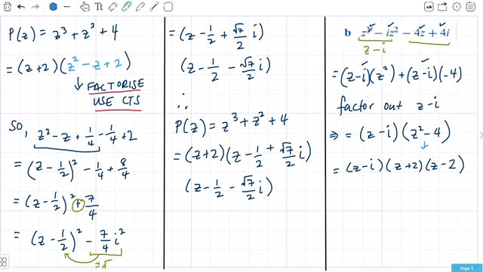Have a look back at the question. There are complex coefficients up here. So there's no guarantee that you're going to get complex conjugates with this one. This particular example actually has 2 real factors, and it has only 1 complex factor. And that's purely because you've got complex coefficients in the original polynomial.